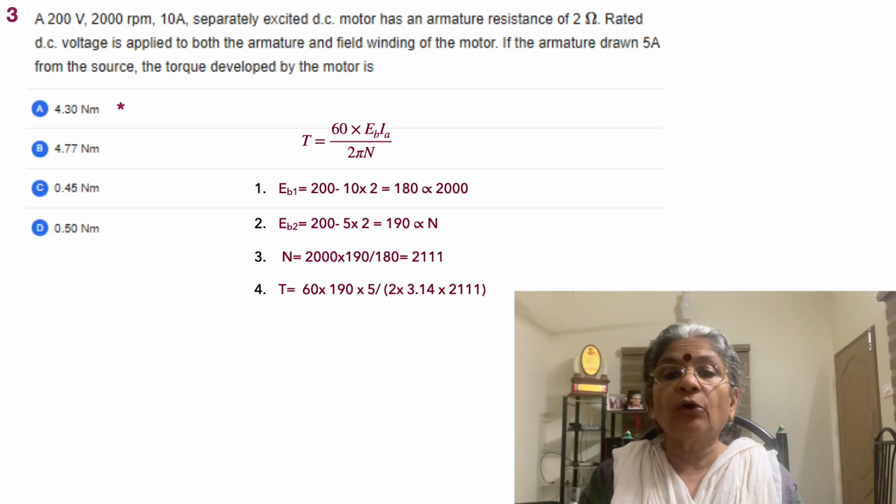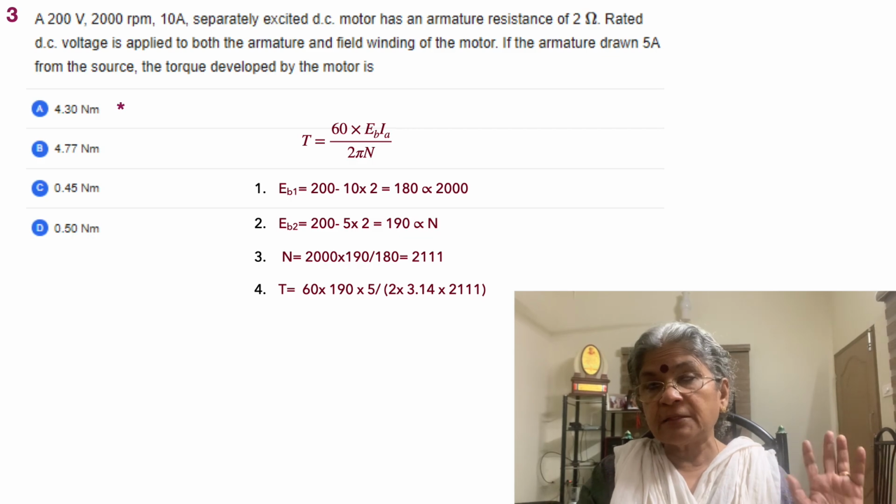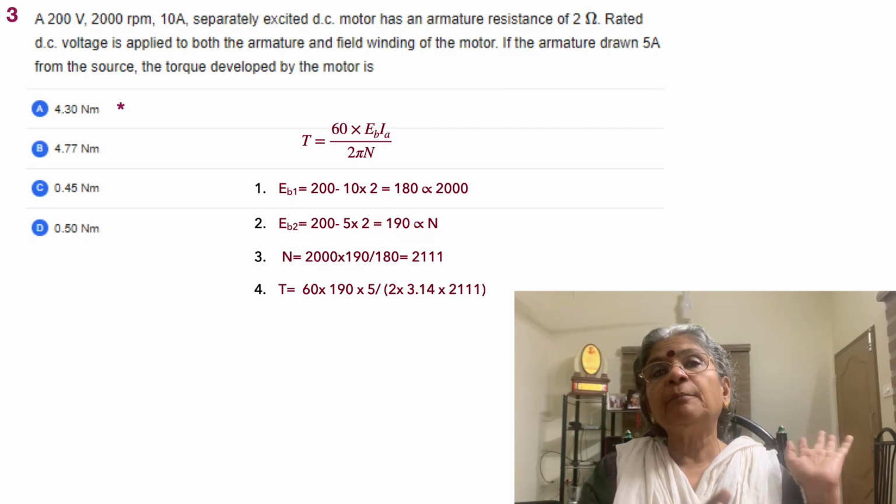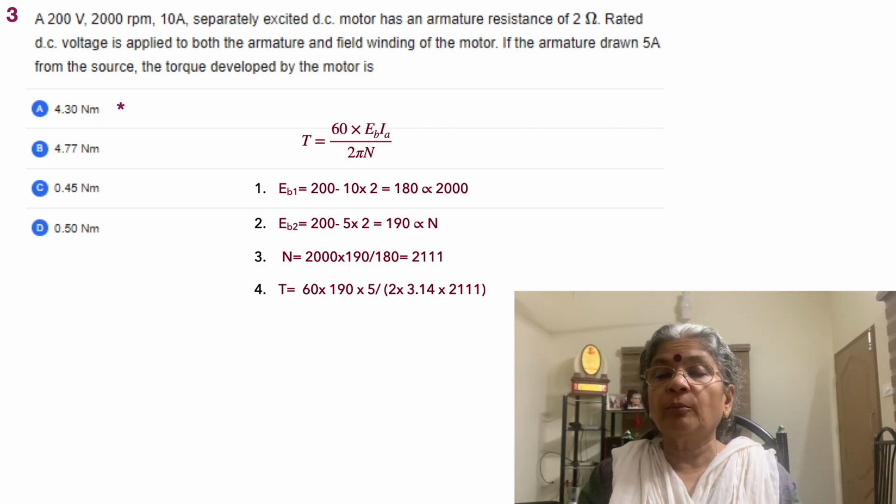If the armature draws 5 ampere from the source, find the torque developed by the motor. This is very simple, because we have an expression for torque, obtained by manipulating what we spoke about earlier. So T is equal to 60 into EB IA divided by 2 pi N. As mentioned earlier, EB is easy: EB is 200 minus 10 into 2.